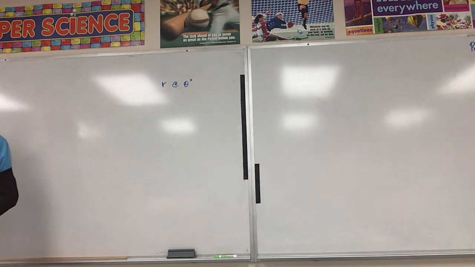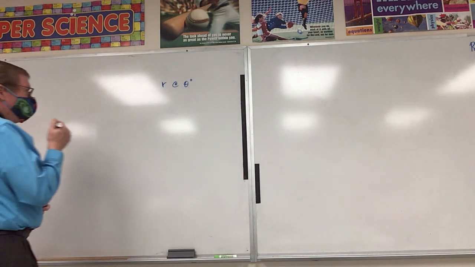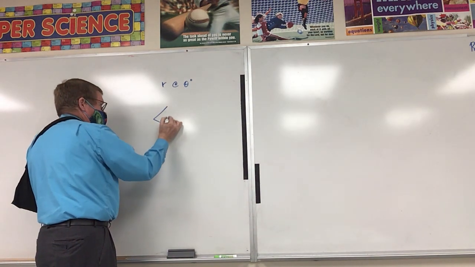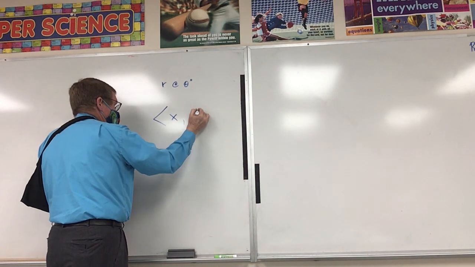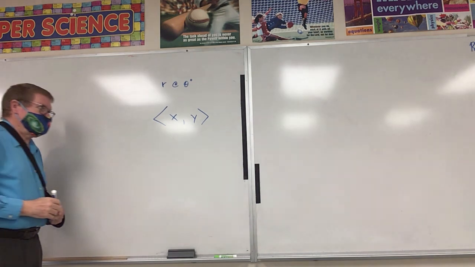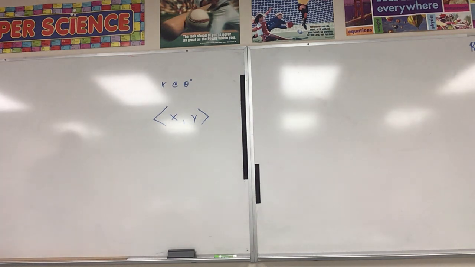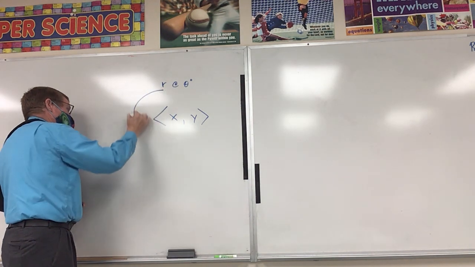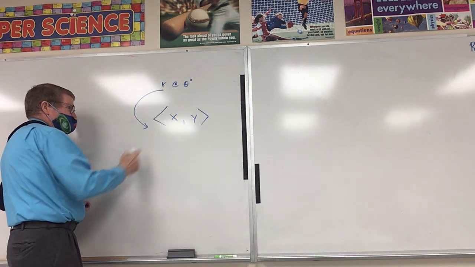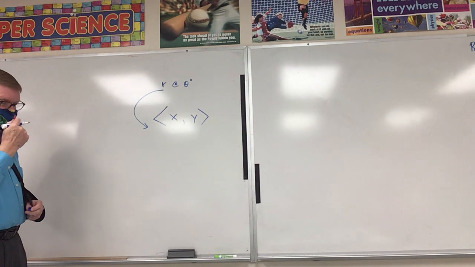Here's our vector form: R, which is my magnitude, at theta degrees. And here is my coordinate form: X and Y. To get from here to here, how do I find my X value?